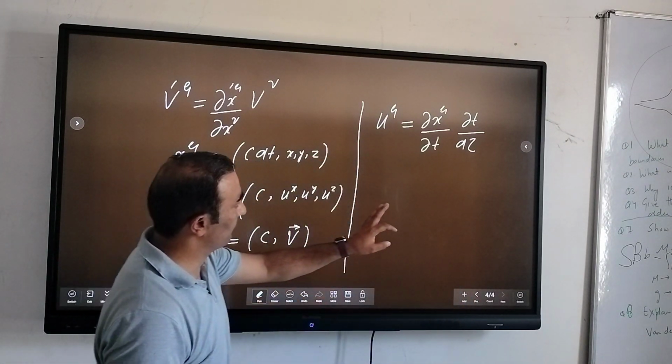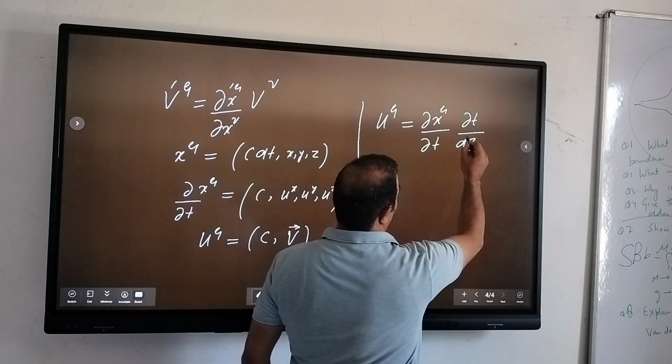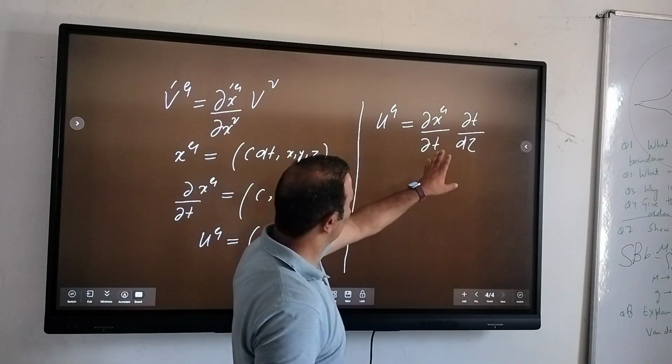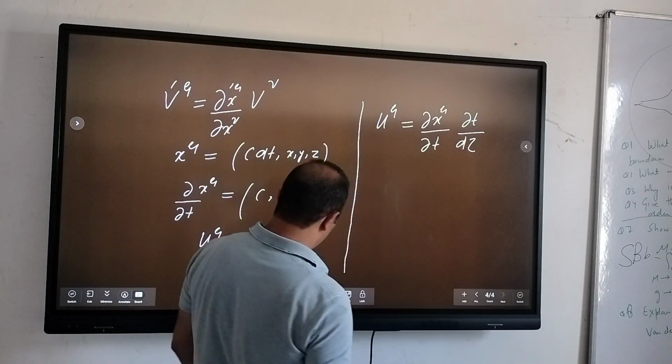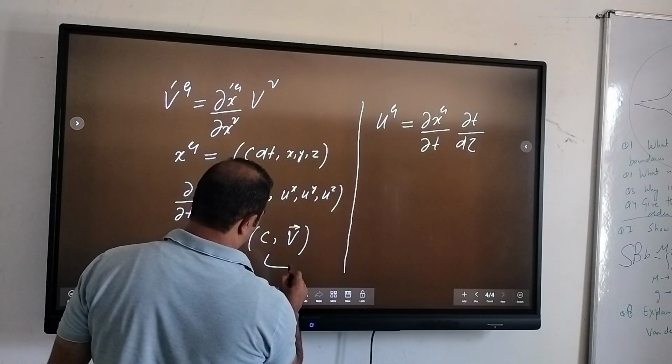Can we define it this way, right? Because we can write it this way using the chain rule, because this is not a 4 vector.